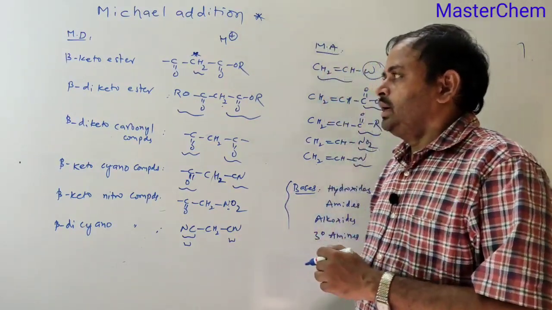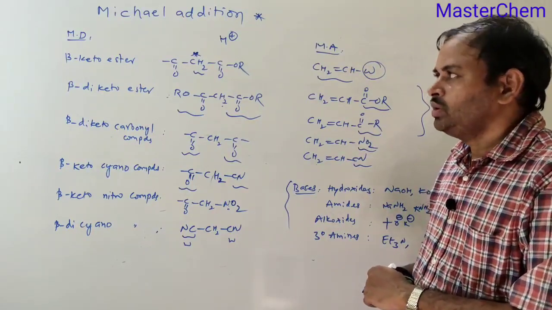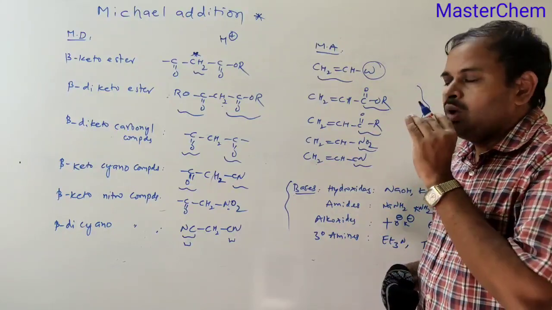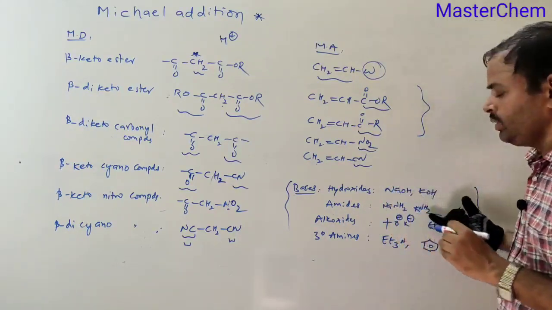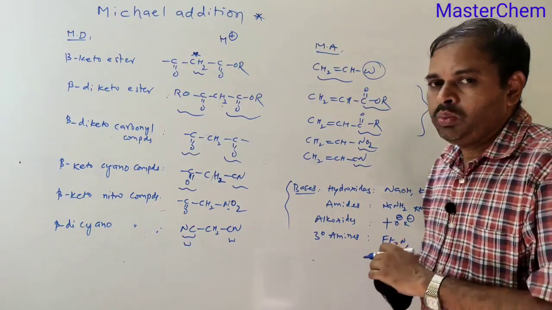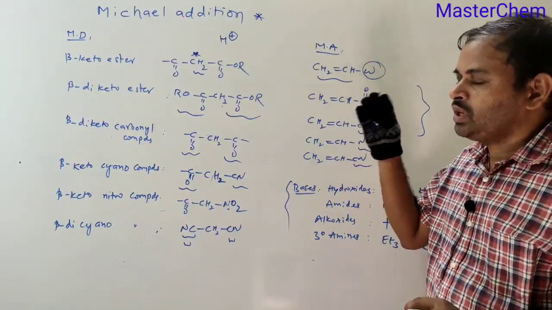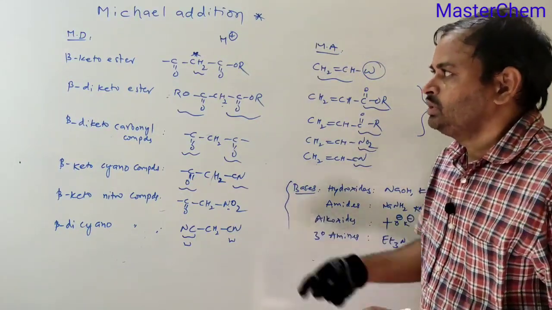So let us discuss the mechanism of Michael addition reaction. Already I have explained how to write Michael adduct, Michael product, with 2 points. With a simple trick you can write Michael adduct, but the complete mechanism we'll discuss next.